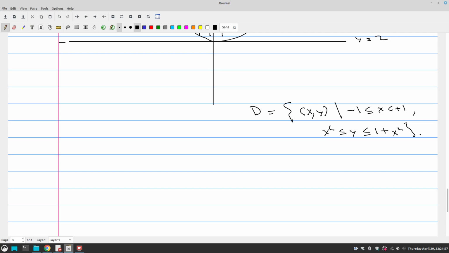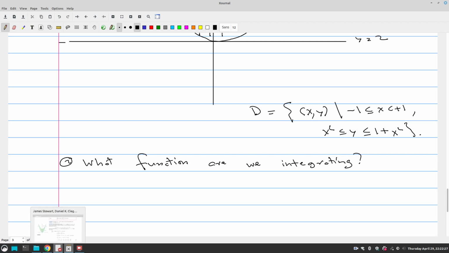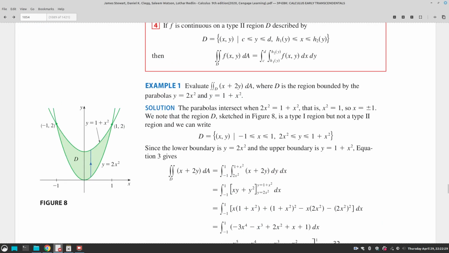Now we are to integrate over this type 1 region. What function are we integrating? Well, we have x plus twice y dA, so our function is x plus twice y.